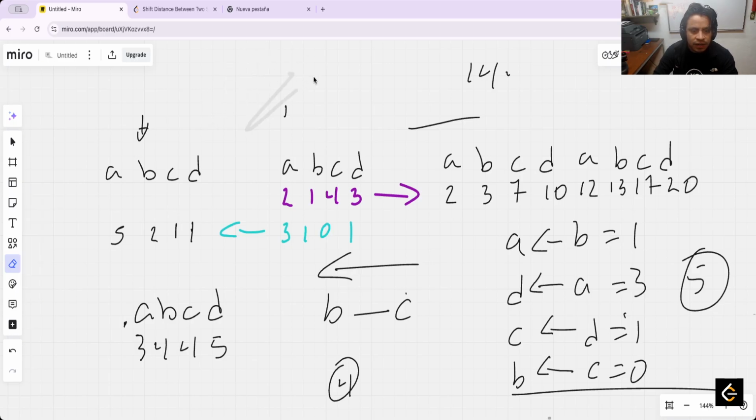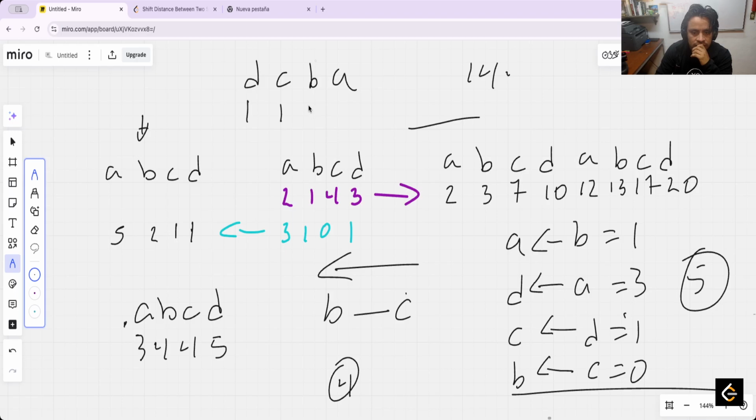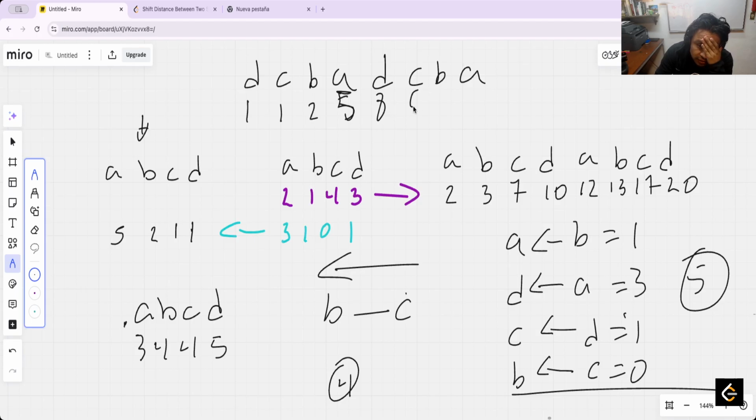What happens if I sort in the positive direction? First D, C, B, A, and I start here. That is 1, 1, 2, 5, and D, C, B, A, and in this case is 5 plus 3 is 8, plus 1 is 9.